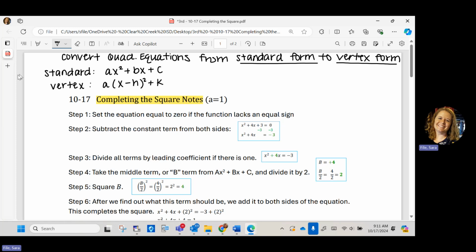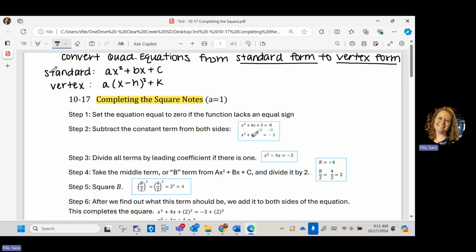So we need to be able to rewrite the equations from standard form to vertex form. That's the whole point of this completing the square. It's called completing the square because what we're doing is creating a perfect square trinomial that will factor to this x minus h squared, this binomial squared.